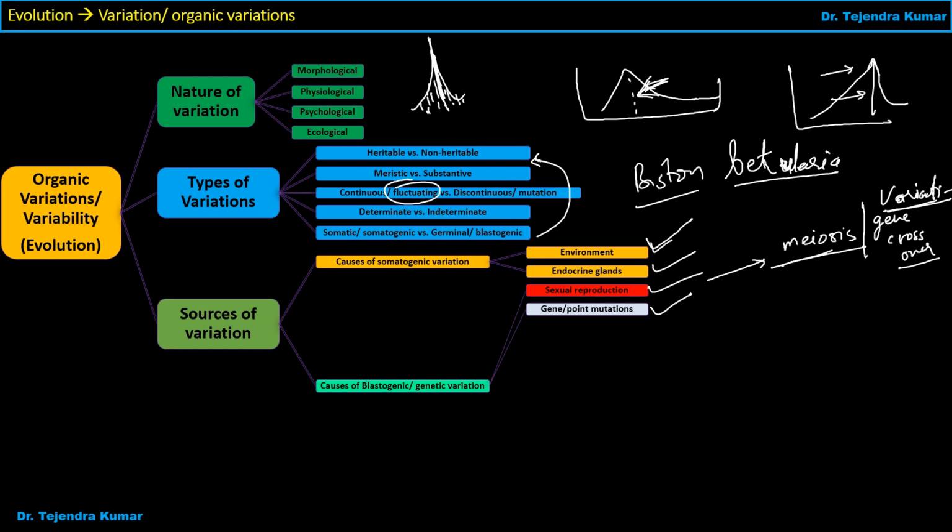As you know very well, frame shift mutations are there. Likewise, one nucleotide is extra there, or sometimes it is deleted. So these kinds of differences can be seen at the point level, meaning mutations at the gene level.